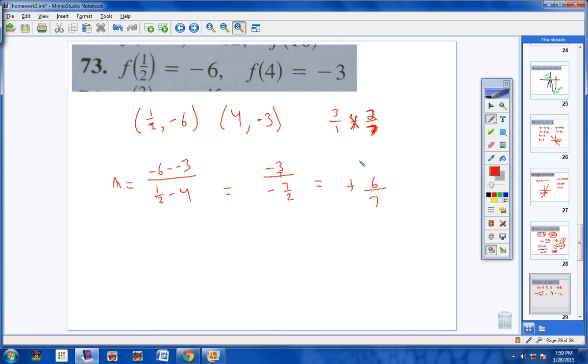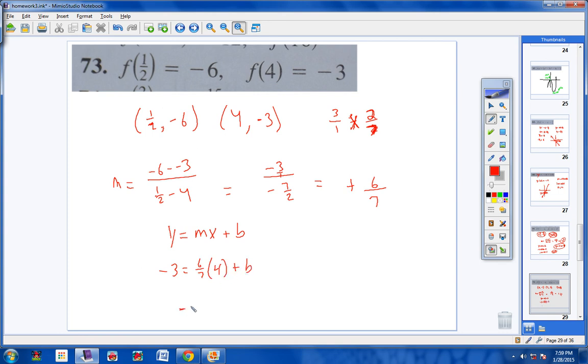Now, we have to find our b. So let's use our formula. y equals mx plus b. And again, students, it really doesn't matter which ordered pair you use, this one or this one, okay? Either way is fine. I'm going to use 4, -3. So where the y is, I'm going to put -3. Where the m is, I'm going to put 6 sevenths. Where the x is, I'm going to put 4, and then plus b, okay?